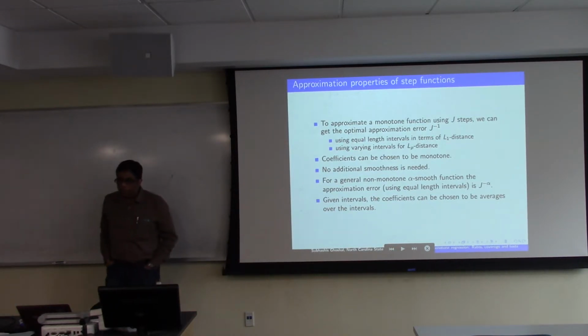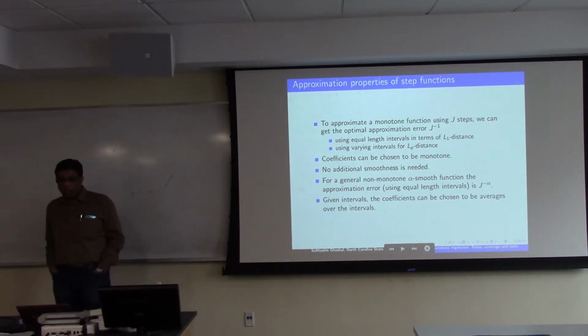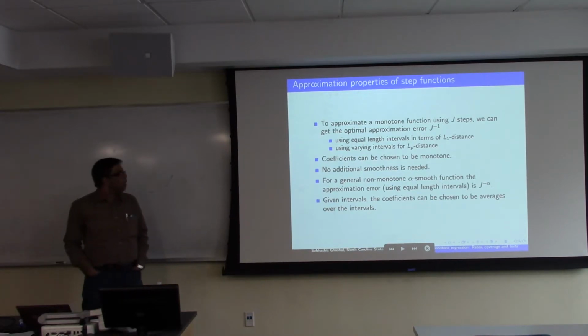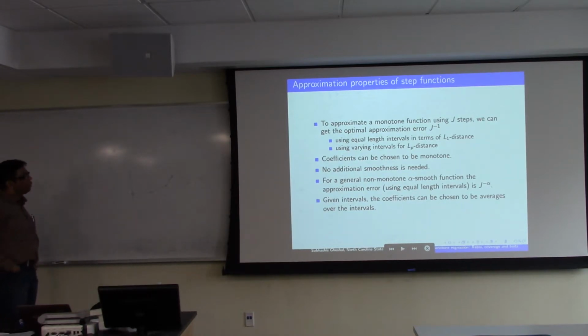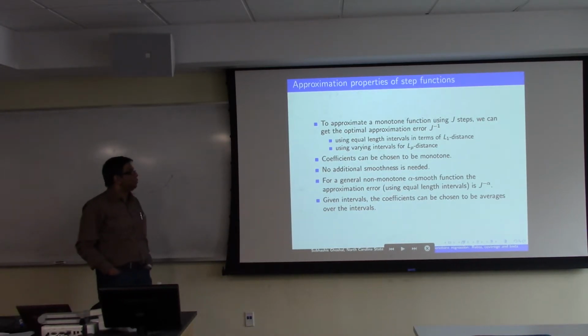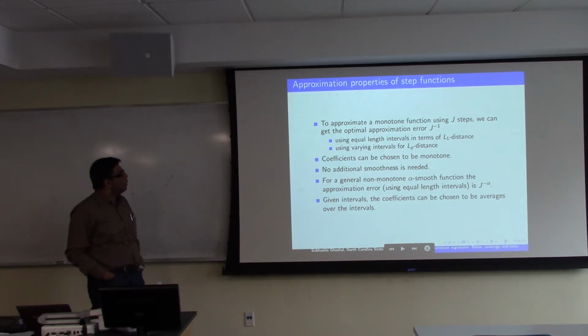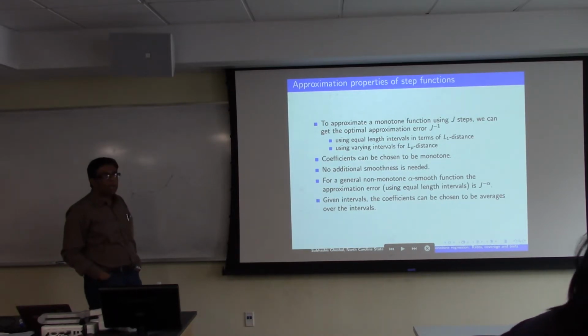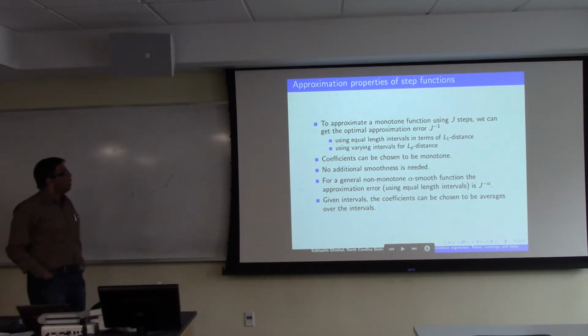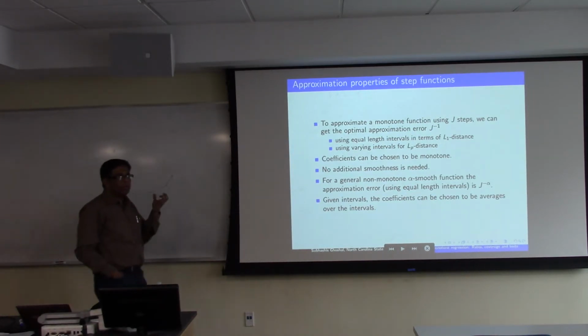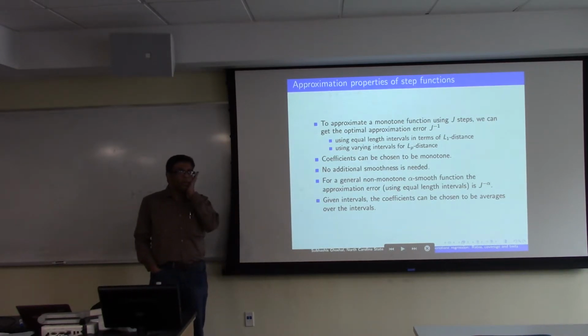To establish properties, we need to know how to approximate monotone functions using step functions. It depends on your metric. If you're dealing with the L1 metric, it's very easy to show that using J subintervals of equal length, the approximation error can be kept within the order of 1 over J. But if you use the Lp distance and just the basic equal length intervals, then you don't get the 1 over J rate.